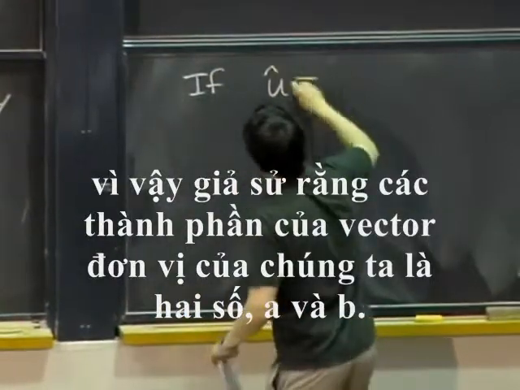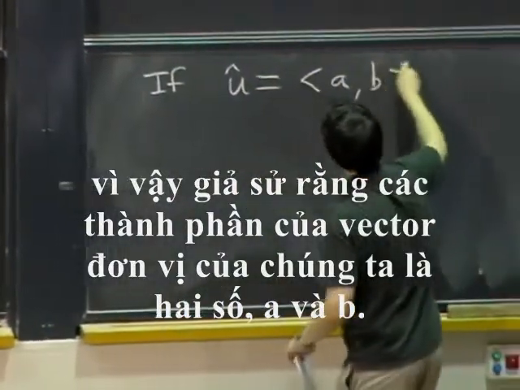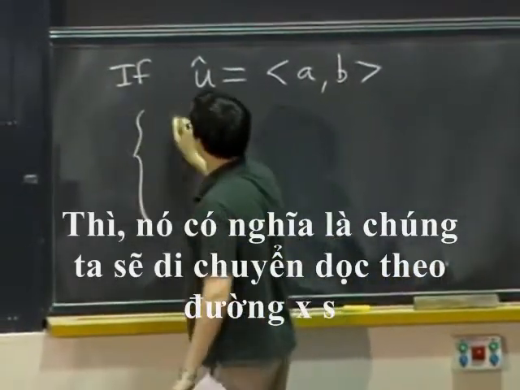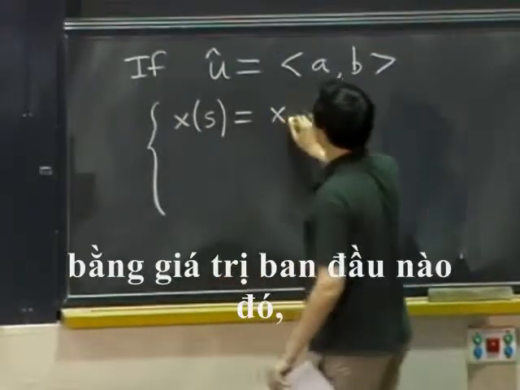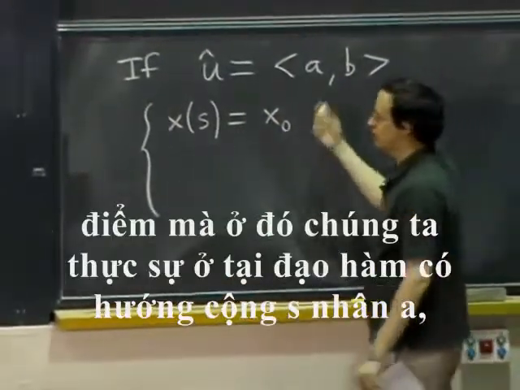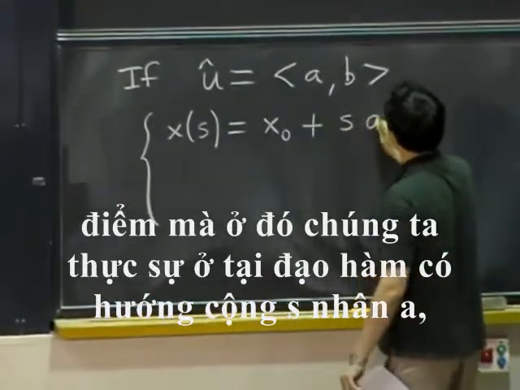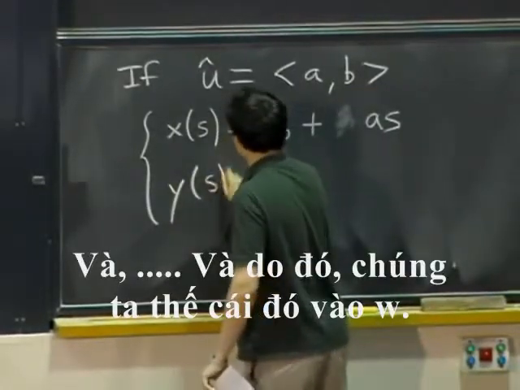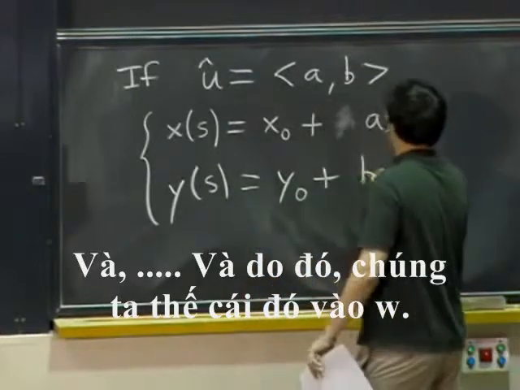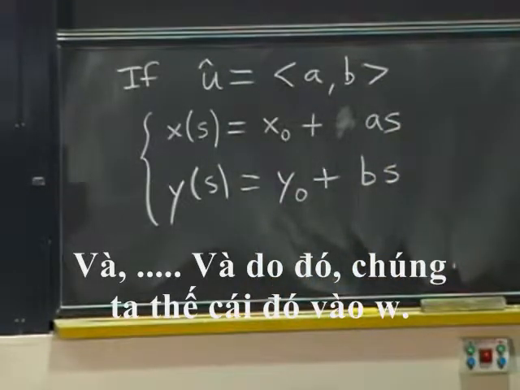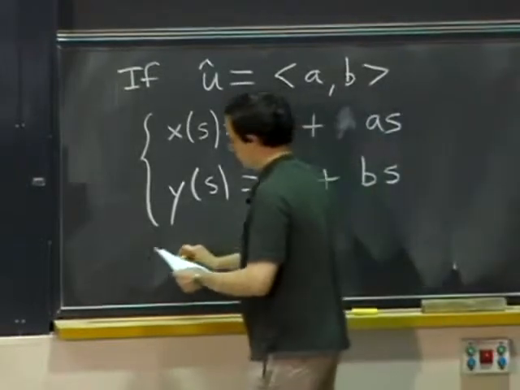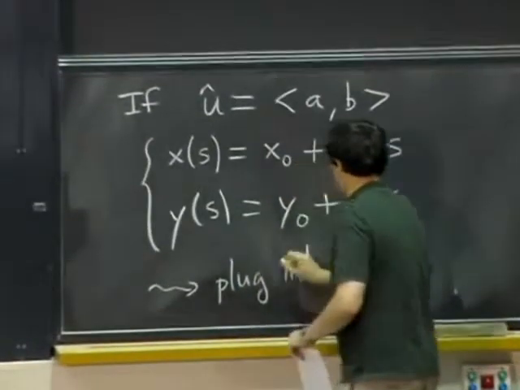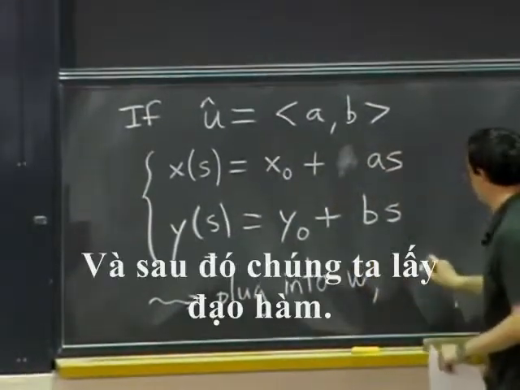So let's say that the components of our unit vector are two numbers a and b. Okay? Then it means that we'll move along the line x of s equals some initial value, the point where we're actually looking at the directional derivative, plus s times a. Maybe I should say plus a times s. And y of s equals y0 plus b times s. And then we plug that into w. And then we take the derivative.